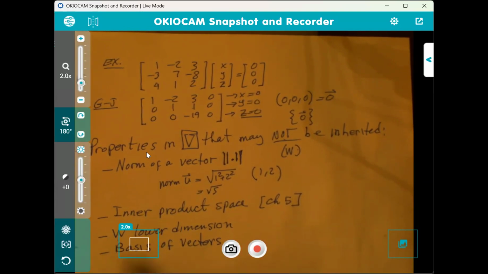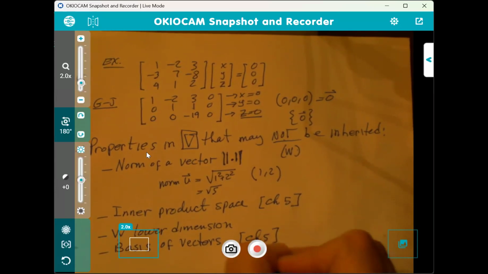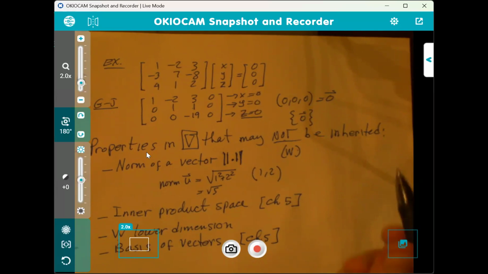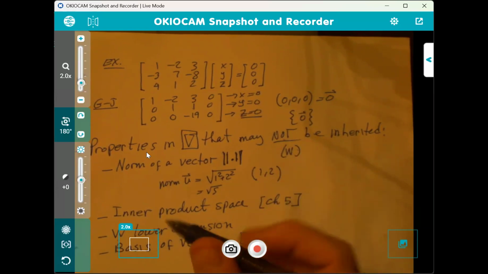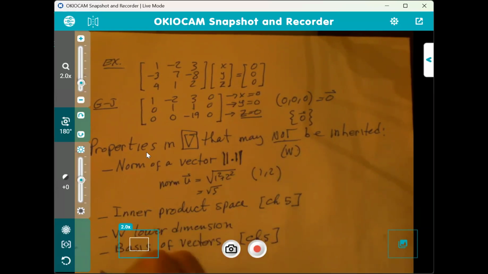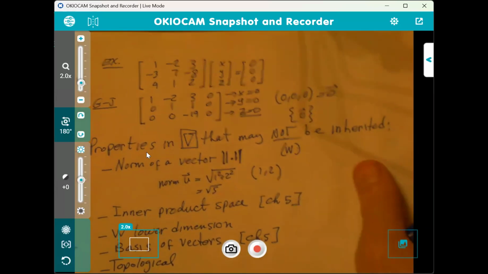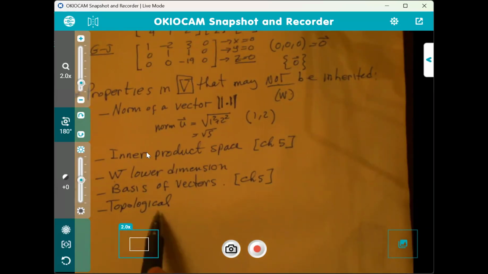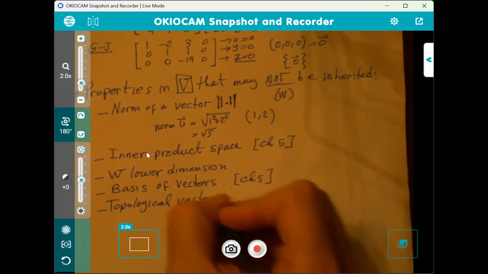And we define the basis later on in chapter 5. Okay. And then there are some topological vector spaces. Okay. So let me just say topological. You could research on this if you like to yourself. But some of the topological vector spaces are not inherited.